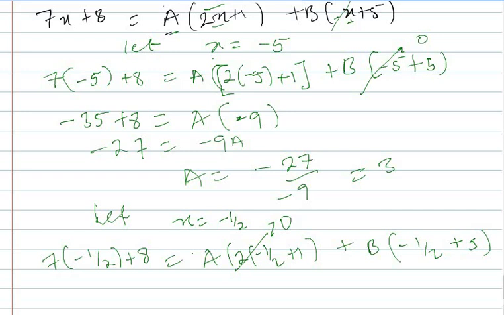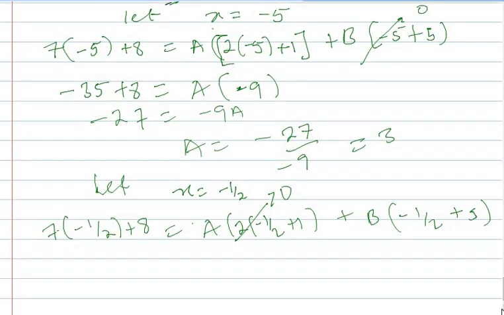Then we can easily find the value of B. So from here we can say minus 7 over 2 plus 8 is equal to, here is 0, then B into minus 1 over 2 plus 5 over 1. Then we can take an LCM.